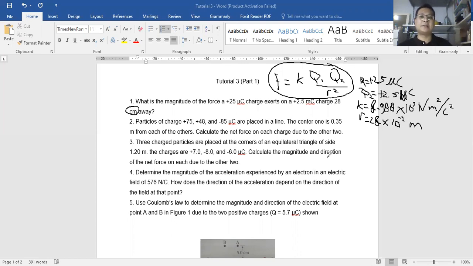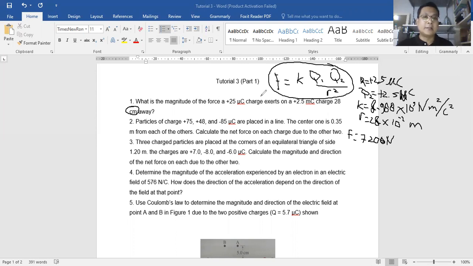Okay, now we can finish the calculation. So I hope we get the final result equal to 7,200 Newton.